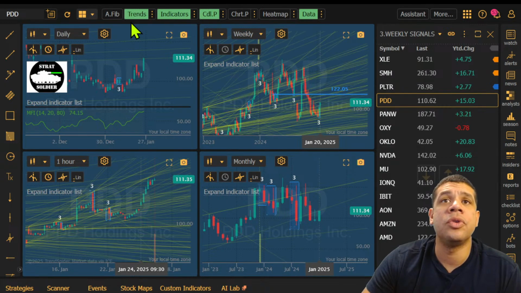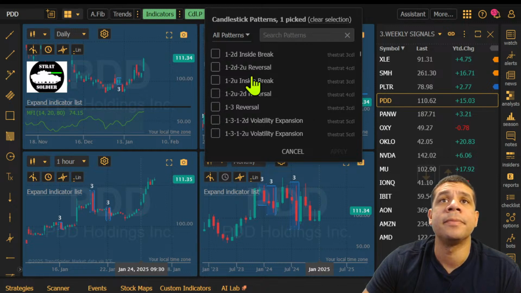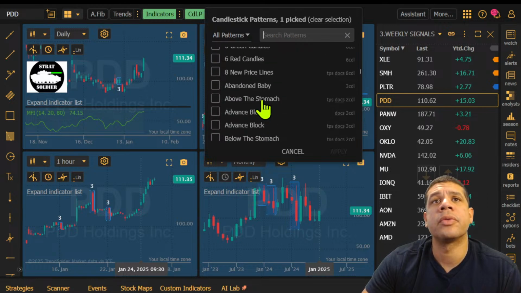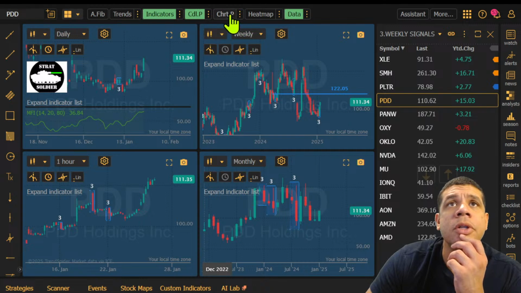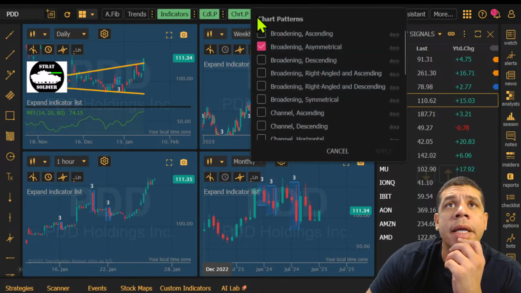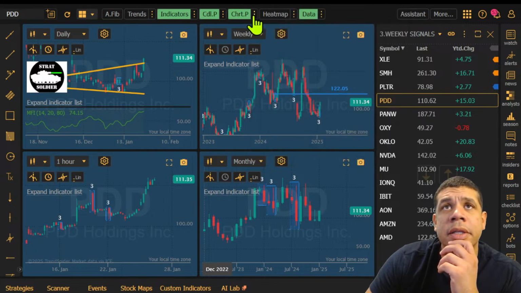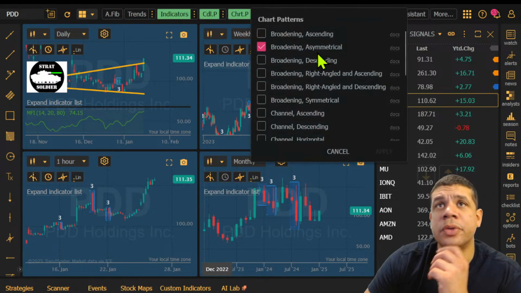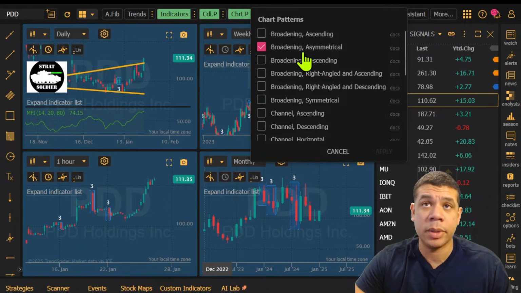So what you do is go to chart pattern right here at the top. Click the three little dots, and then look for broadening asymmetrical. You can do broadening, these other ones, but broadening asymmetrical is the broadening formation that we normally use.